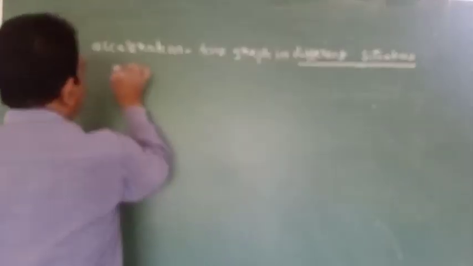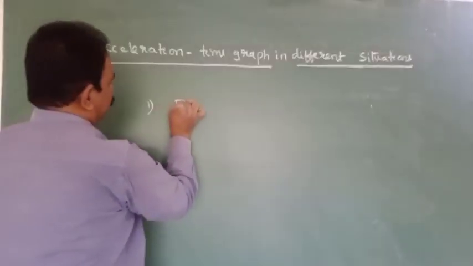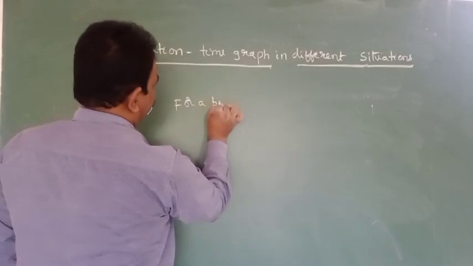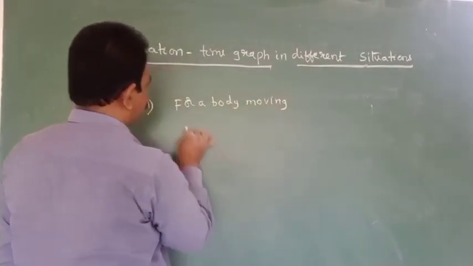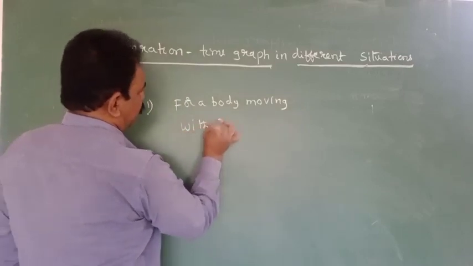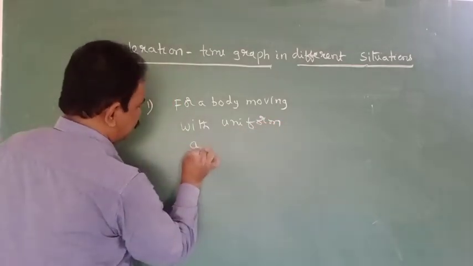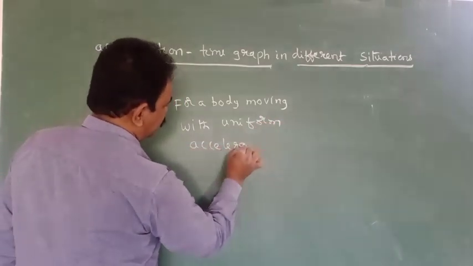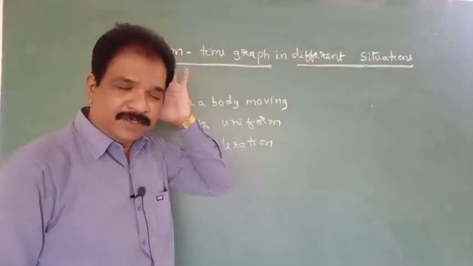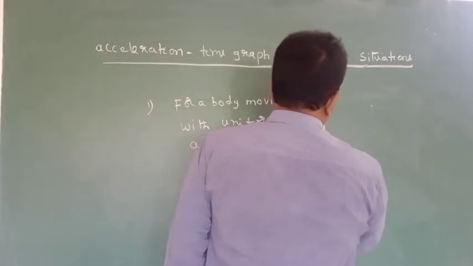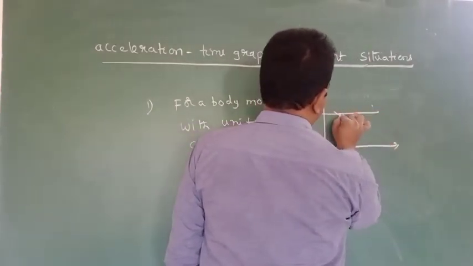See, for a body moving with uniform acceleration, this graph shape will be like this.